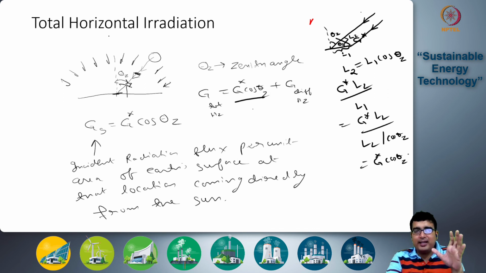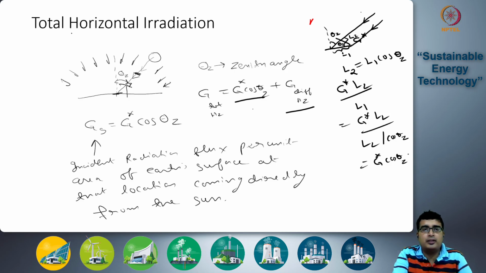Remember, if the sun is directly overhead, then theta z equals 0 and you will have G equal to G star, where G star is the flux on a surface oriented normal to the sun. And this is the additional diffuse flux that is coming from all over the sky. And together you have the total horizontal radiation, as is being discussed here.